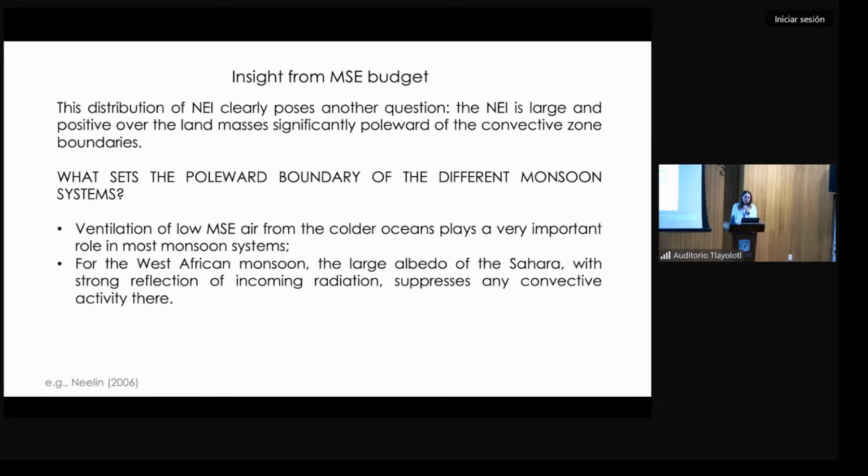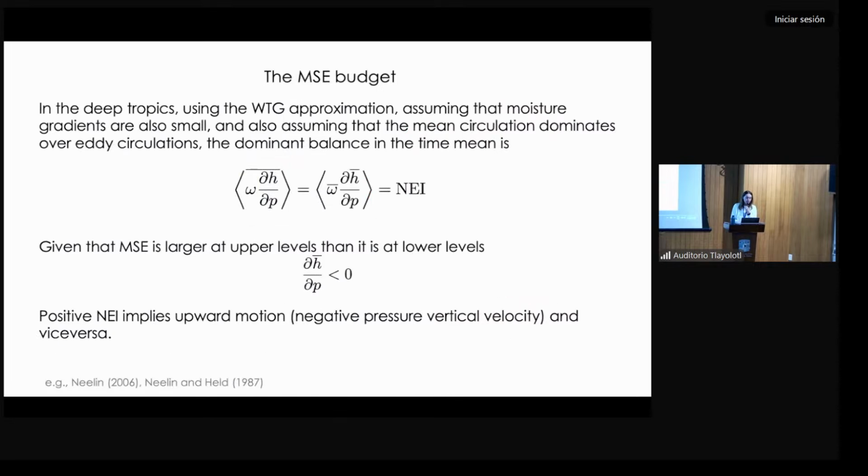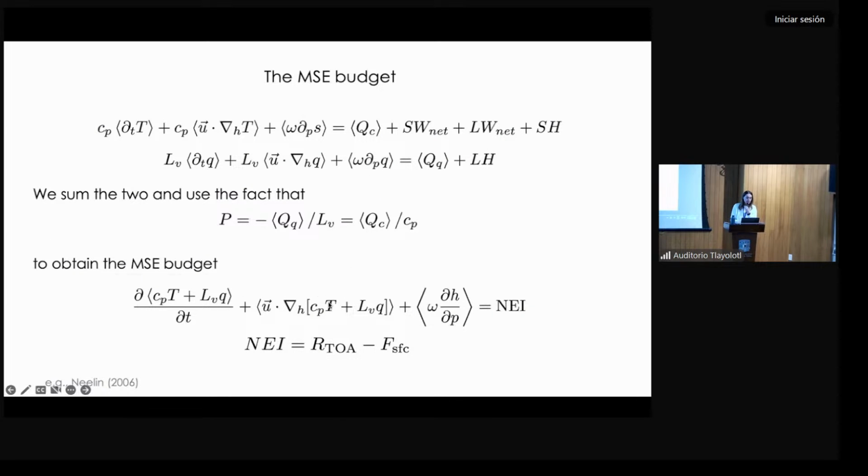This is exactly where the discussion of the tropics being bounded within certain latitudes from the equator comes into play, because as you start moving away from the equator, your temperature gradients are no longer negligible.